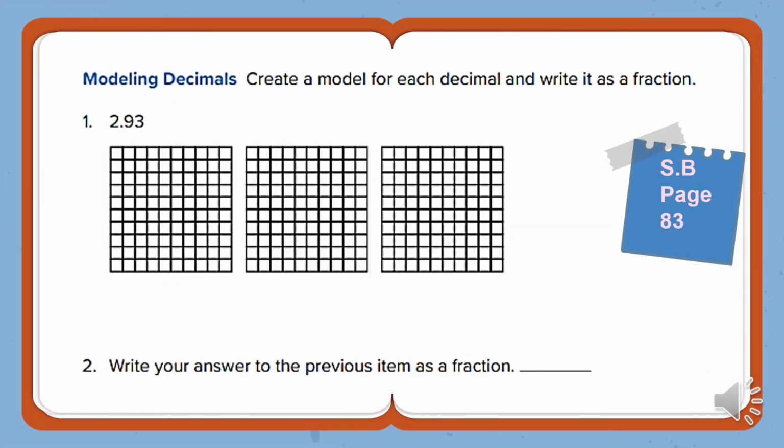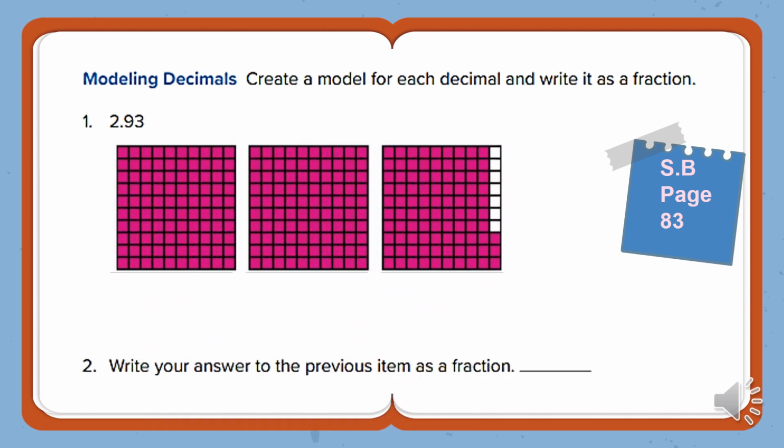Create a model for each decimal and write it as a fraction. Number 1, 2.93. 2 means 2 whole squares. So we will color 2 whole squares, and for the 93 we can color the whole last square and cancel 7 from it, or we color 9 columns and 3 small squares.